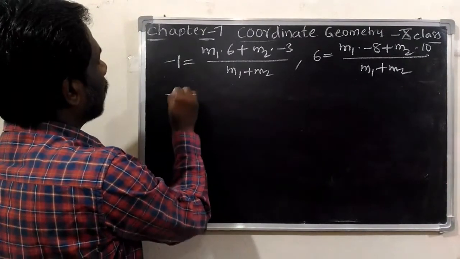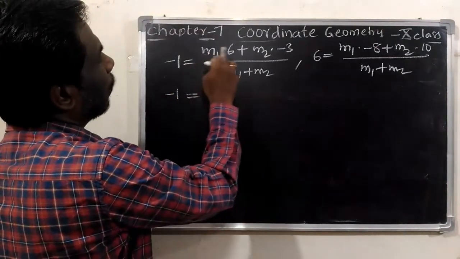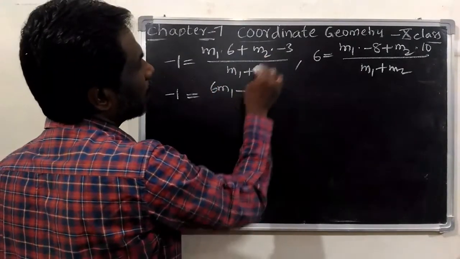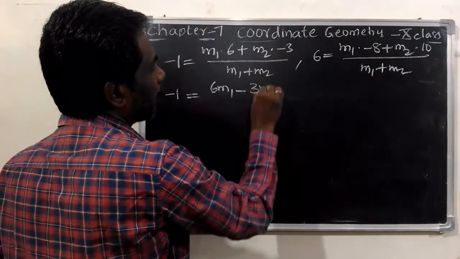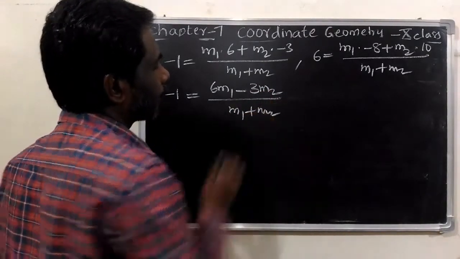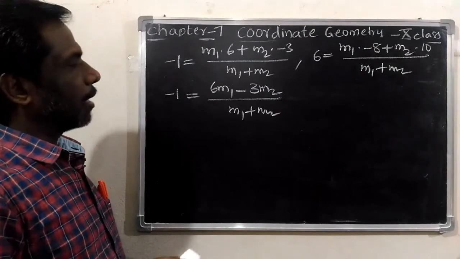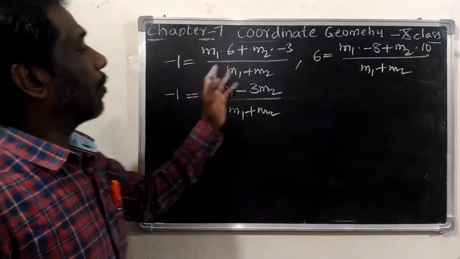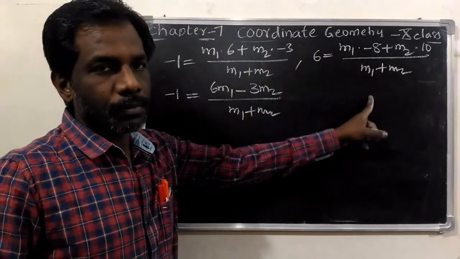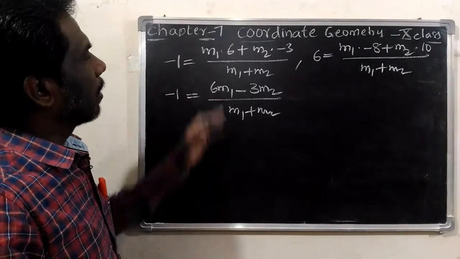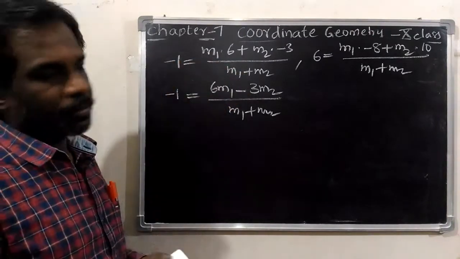Write minus 1 is equal to m1 into 6, that is 6m1, plus into minus is minus, 3 into m2 is 3m2, by m1 plus m2. Once again, to find the m1 and m2 values, we can solve any one of these two. So here I am solving the first part.